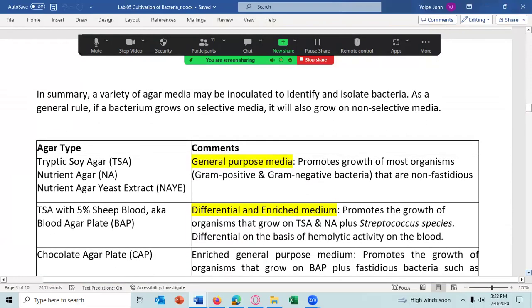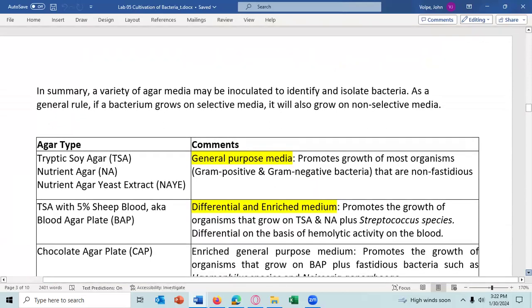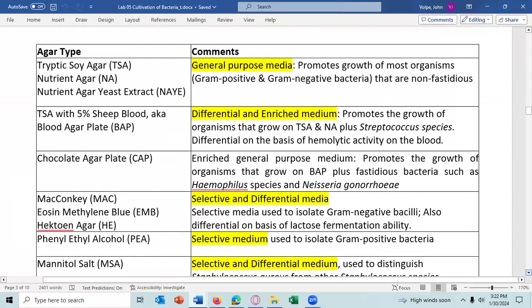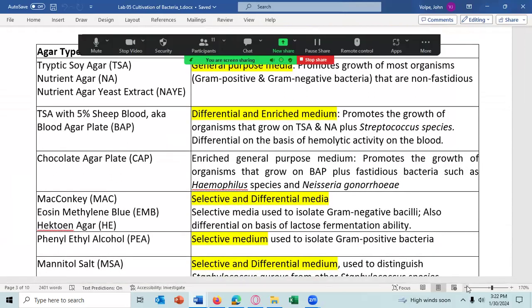So there are a wide variety of different media that can be inoculated to grow bacteria. This table is listing the media. Let me shrink that just a little.